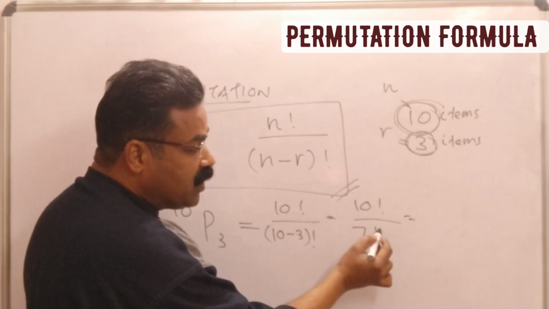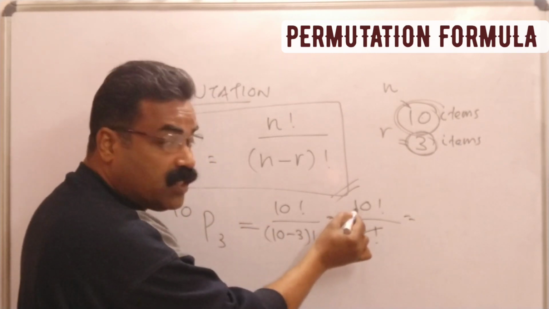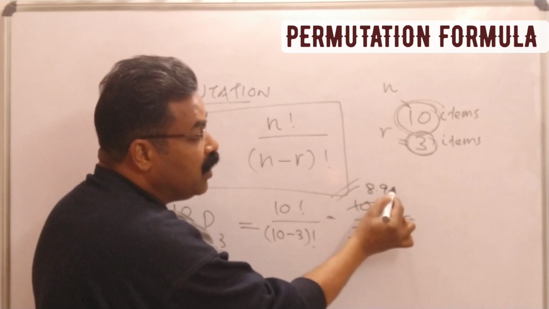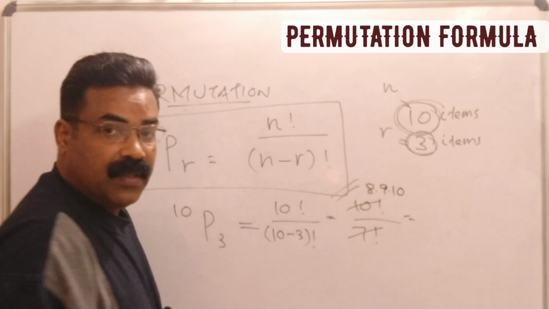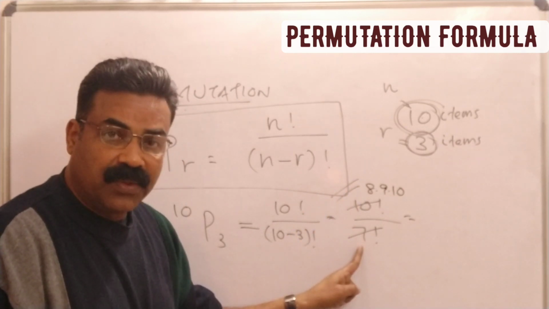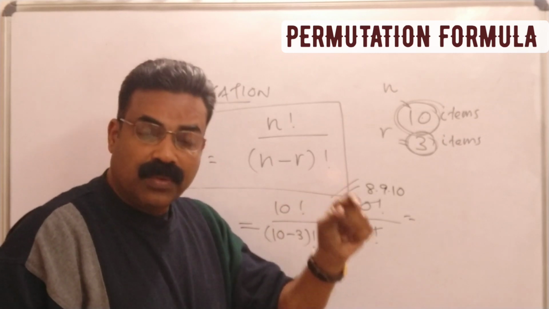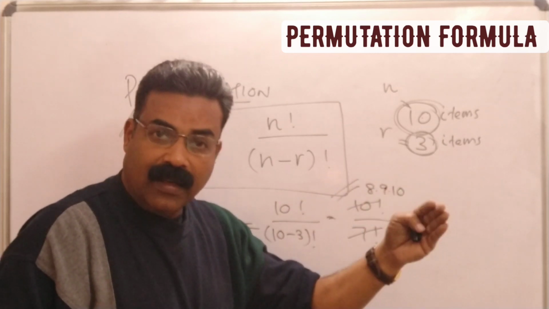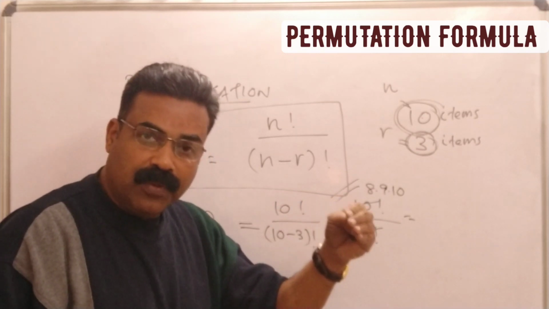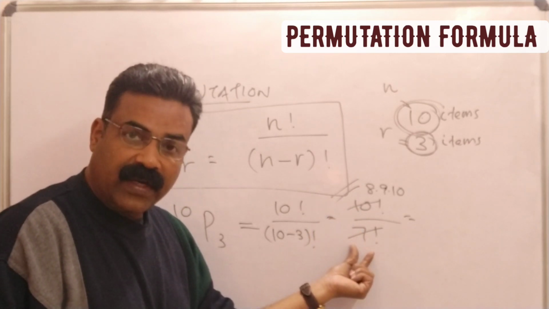So here 7 factorial I can cut with the first 7 numbers here. 10 factorial means 1 into 2 into 3 into 4 into up to 10. Similarly, 7 factorial means 1 into 2 into 3 into up to 7. The first 7 numbers you can cancel with the 7 factorial.